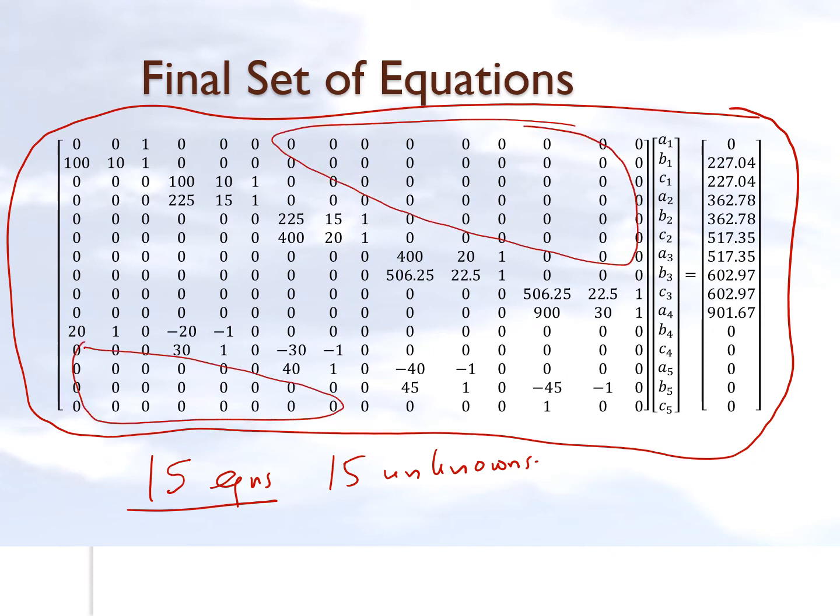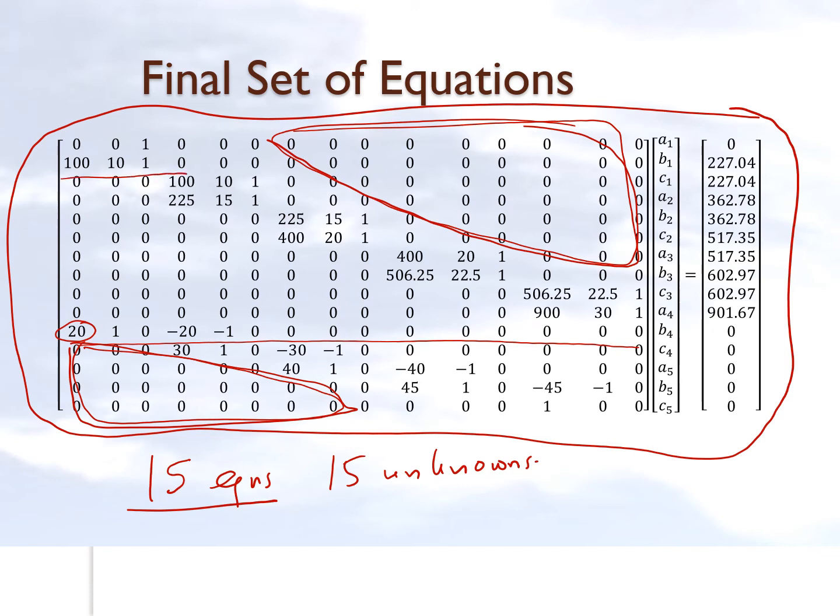In fact, you can make it more banded, meaning that there will be more zeros in this area and more zeros in this area if you rewrite these equations. What we did was we took the first 10 equations, wrote them here, then wrote the next 4 equations, and then wrote the last equation.